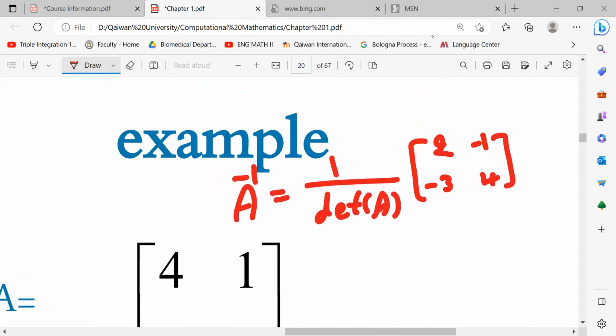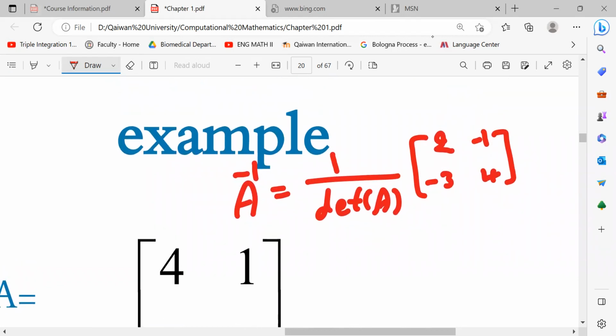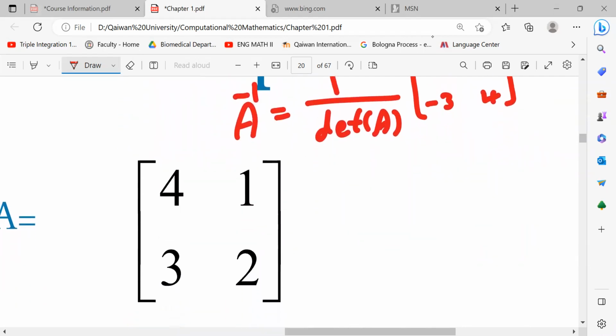Now we need to find the determinant of the matrix. It's enough to find the determinant, then multiply. What's the determinant of this matrix? It's multiplying these two minus multiplying these two. This works for any 2 by 2 matrix, and that's all you need to find the determinant.